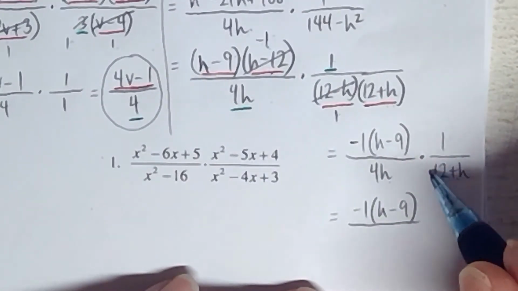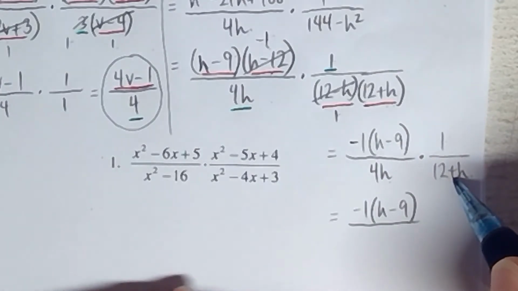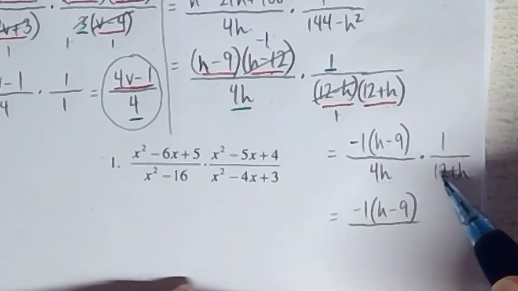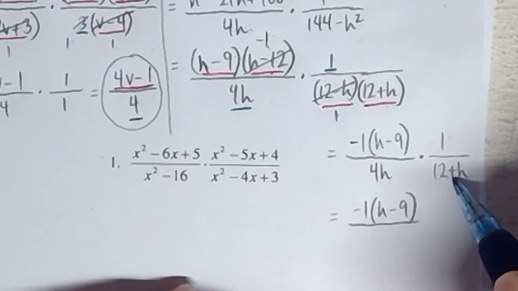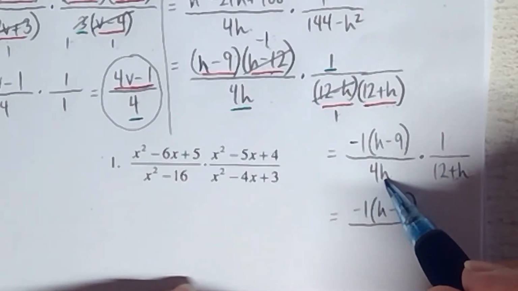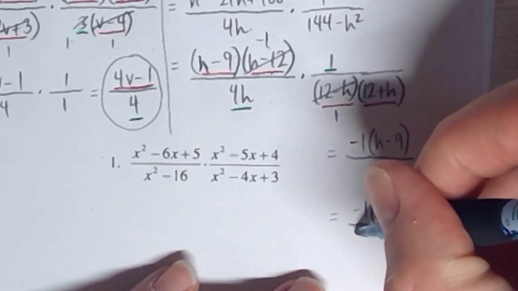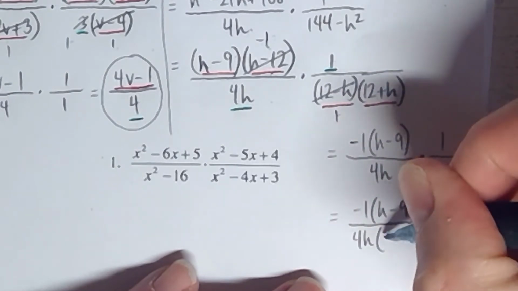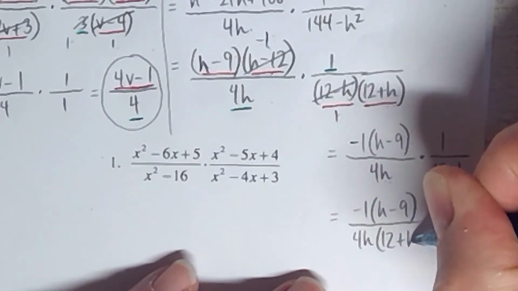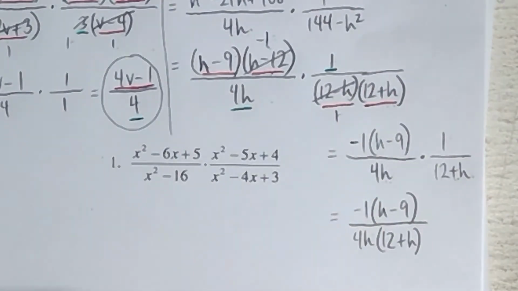And here's the thing. If you have a numerator or denominator, doesn't matter which one, this is a denominator here, you have to multiply the entire denominator times the entire other denominator. And so that means that if you have a denominator with more than one term in it, you have to bracket it when you're multiplying it by the other denominator, like that.